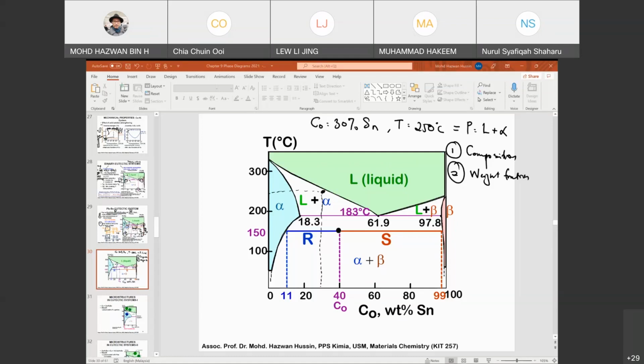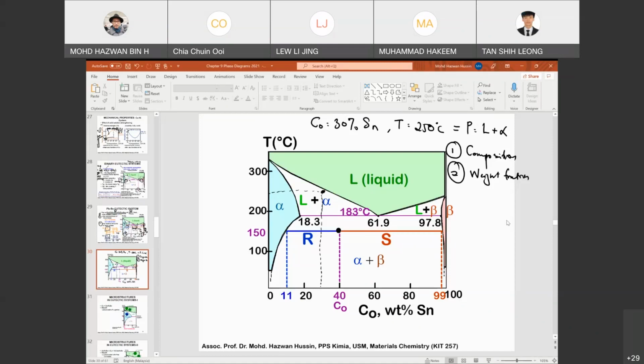Siu Sui Xiong, are you there? Yes, doctor. Okay, can you identify the composition for that point? And another person, Tan Si Leong, are you there? Yes, doctor. Okay, can you identify what would be the weight fractions for that one?